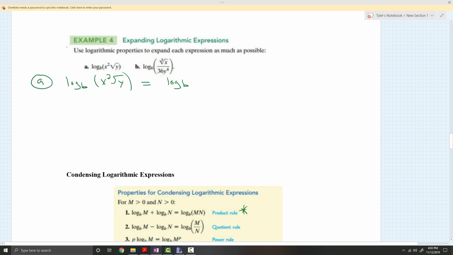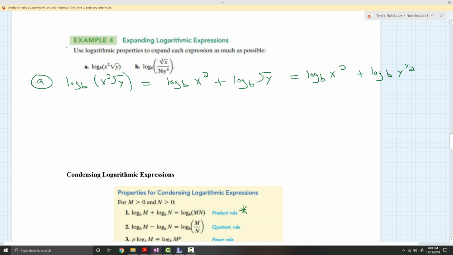So this would be log base b of the first factor plus log base b of the second factor, which is square root of y. Then I can rewrite square root of y as y to the 1/2. So this would become log base b of x squared plus log base b of y to the 1/2.